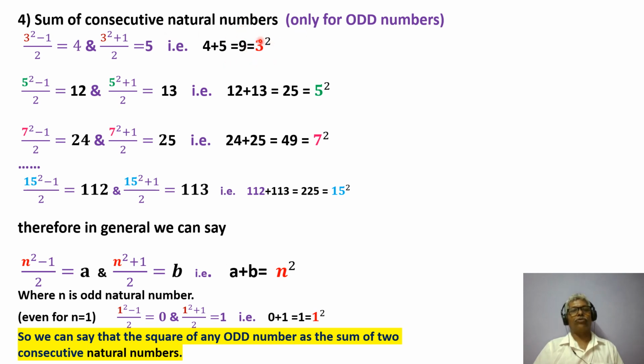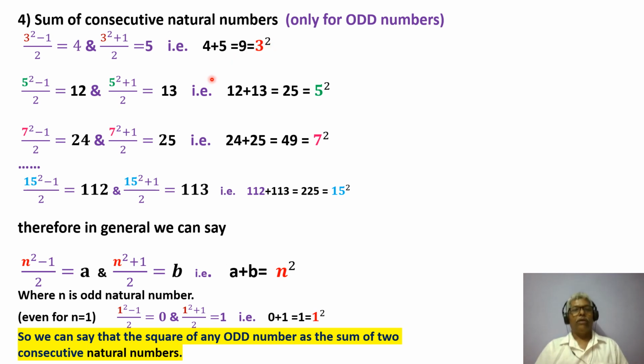Let us take the square of 3. 3 square is 9. So if you take 3 square minus 1 upon 2, you get 4. That is 9 minus 1 is 8, upon 2 is 4. And 3 square plus 1 upon 2, that is 9 plus 1, 10 upon 2 is 5. So 4 plus 5 is 9, that is 3 square.